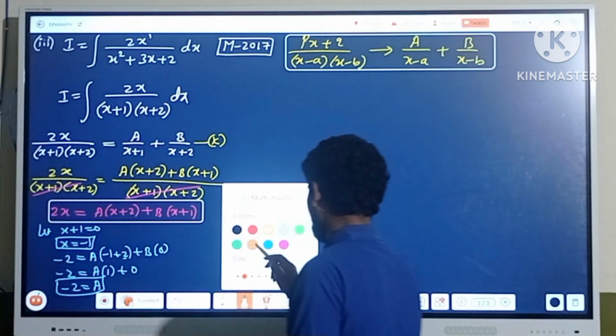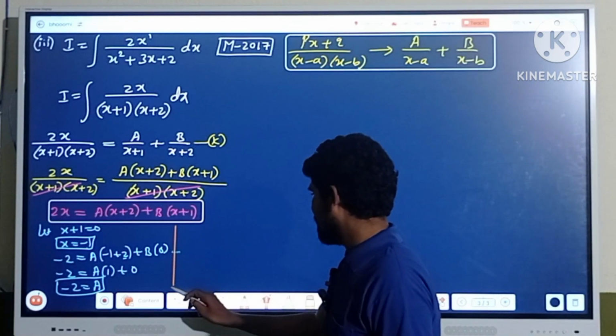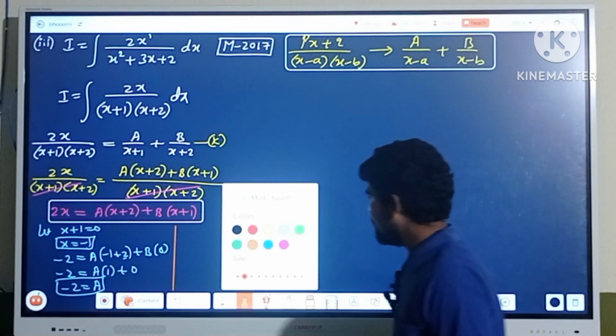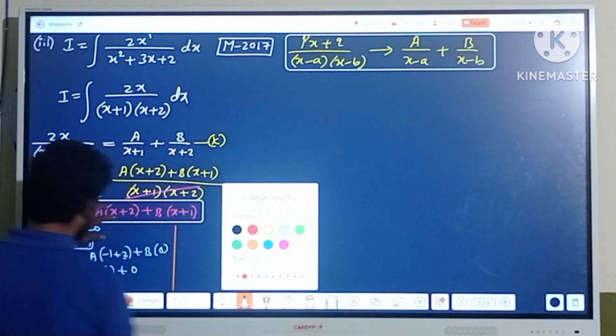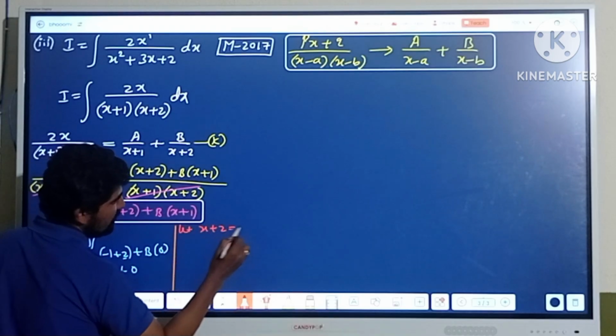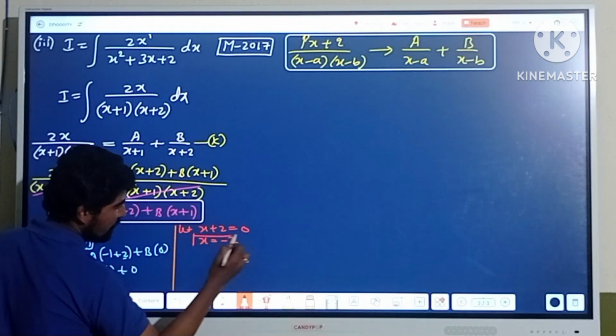Now we need to identify the value of B. So for B, let us consider the coefficient of A to be 0. What is the coefficient of A here? x + 2. Let x + 2 equal 0, which means x equals −2.